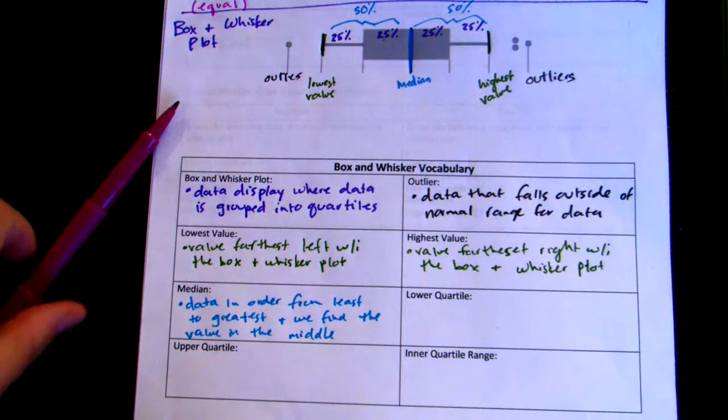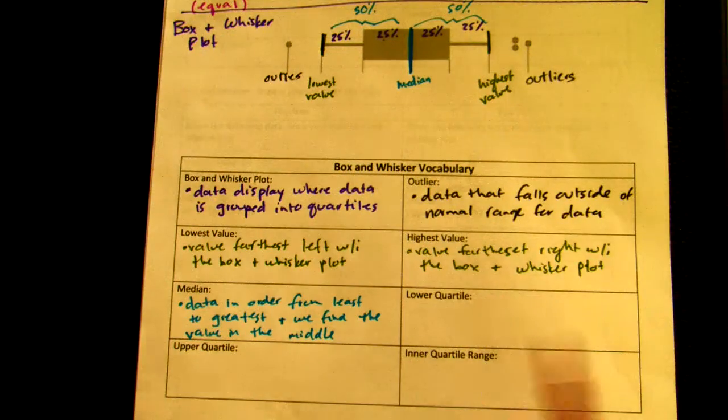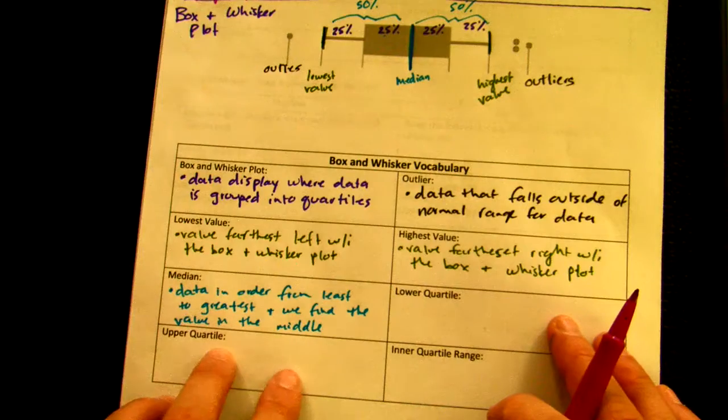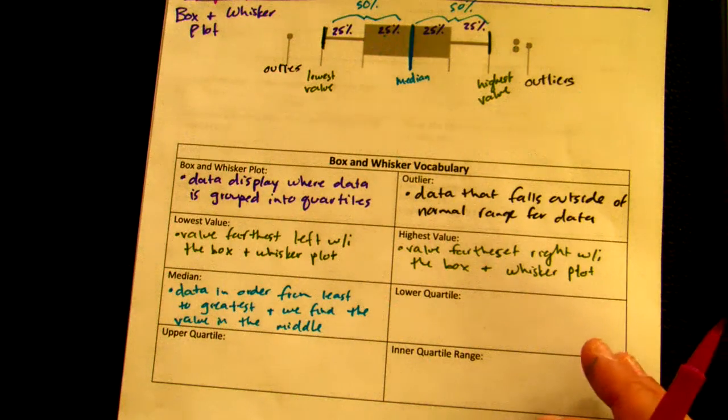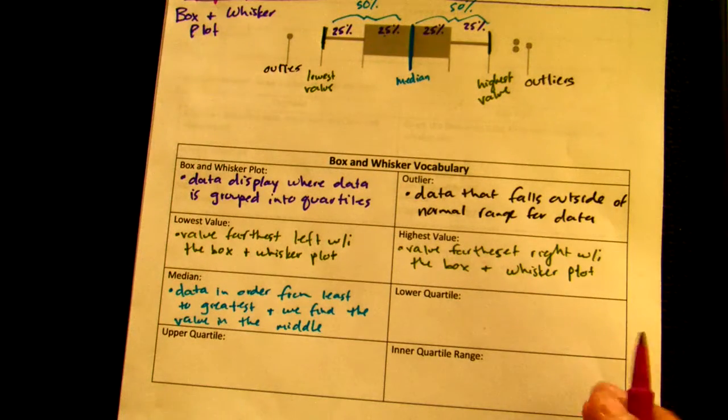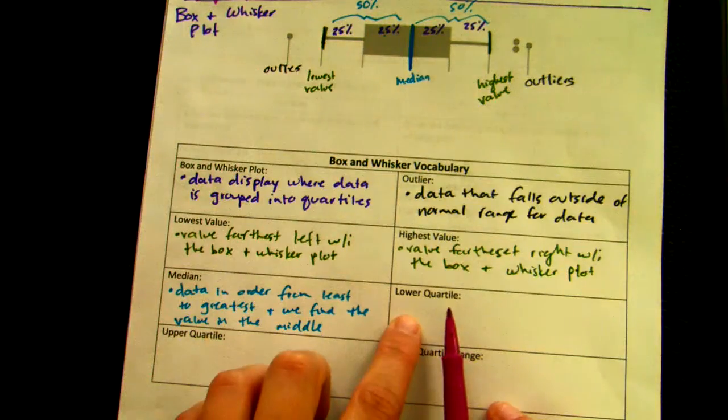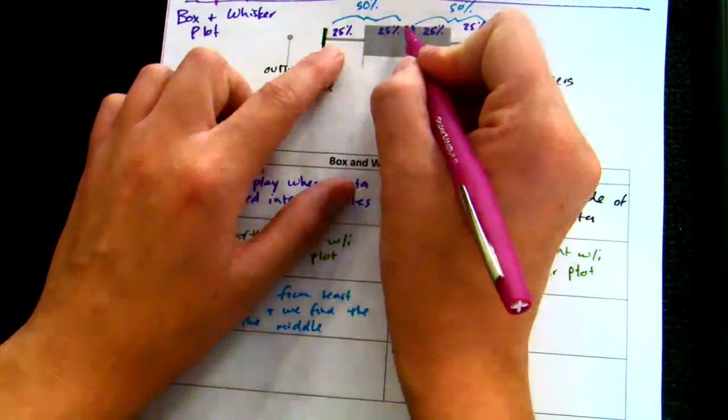Next we're going to get into our quartiles. Reminder that quartile means a fourth of the data, or 25% of the data. Our lower quartile is this box.